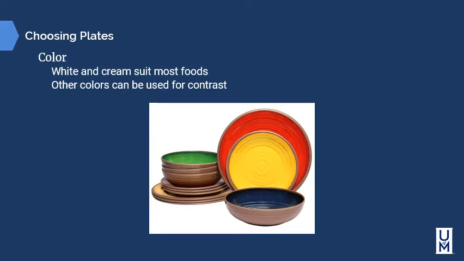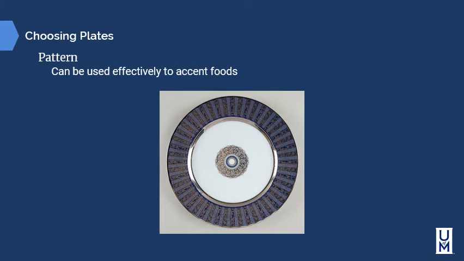While white and cream plates suit most foods, there is something to be said for having contrasting colors of plates as well, such as this Fiesta-style plateware. While not used near as much as it was in the past, patterns can be an effective accent to the food as well. You want to keep plates understated if you use patternware.